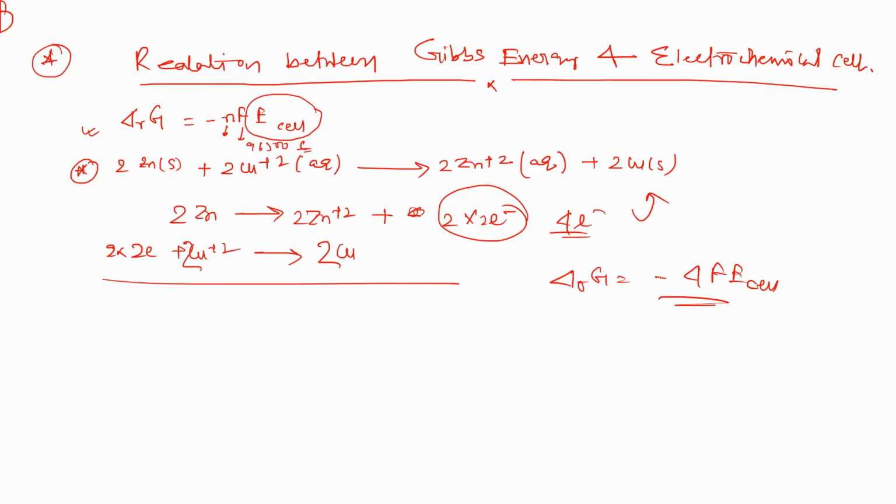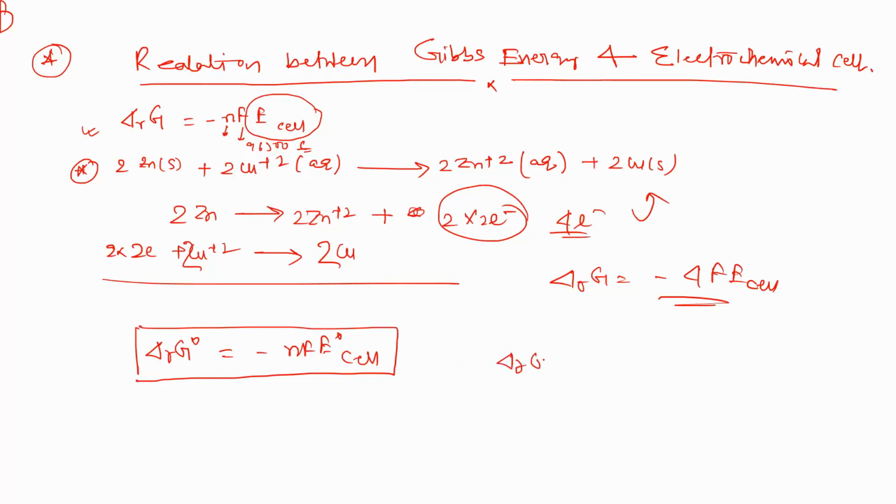In that condition, we will get the equation. But at the standard condition, if the concentration of all the reactants is unity, then ΔG0 equals minus nF E0 cell. So this is the equation. Now we also know from thermodynamics that ΔG0 equals minus RT ln K. So this is also an equation.